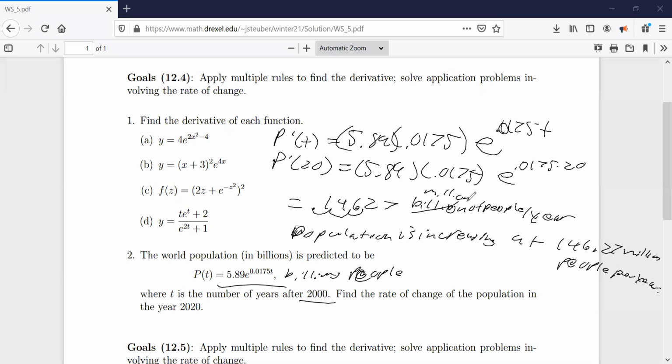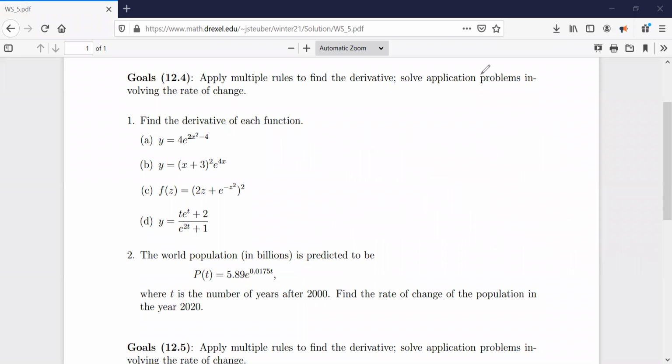But if you had put 0.14627 billion people per year, you would have been correct still. It's just, I think, less natural for people to work with. Anything else? Cool.